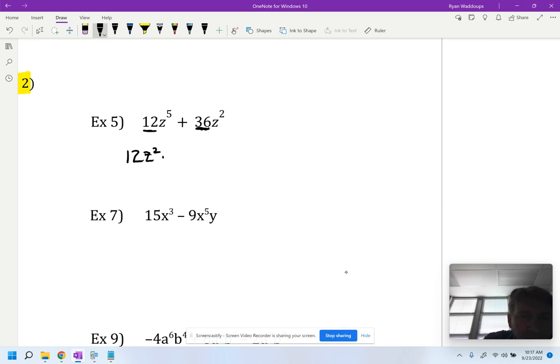squared. And then I'm going to write, okay, 12z squared times z cubed would give me 12z to the 5th. And 12z squared times 3 gives me the 36. And then that's it. So there's my common factors, the 12z squared.